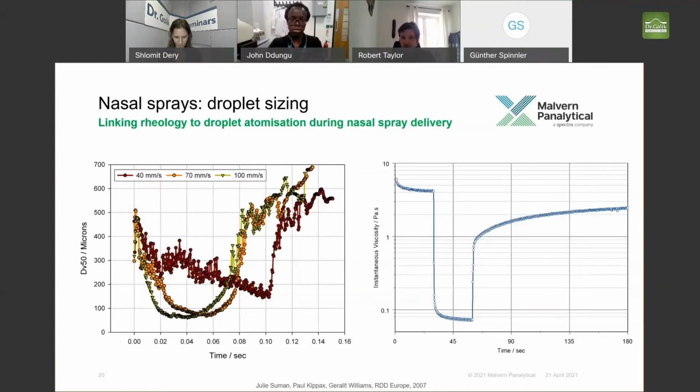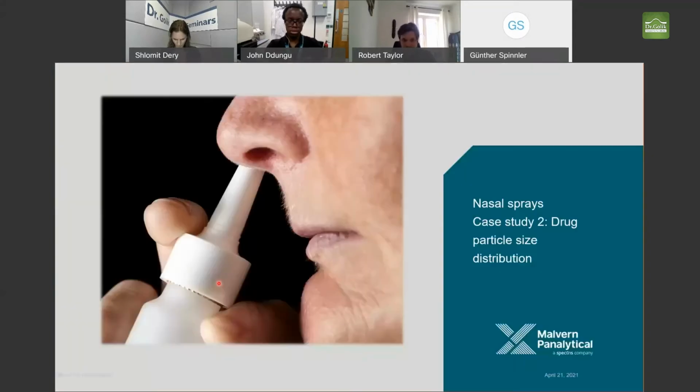It doesn't really give quite the right particle size. It's a bit too coarse. And also it highlights a problem here with respect to how users actually use a device itself. So if they're struggling with dexterity, if they're not able to actually actuate the device fast enough, they might not get the right delivery. And that's a key thing to understand when you're developing these products.